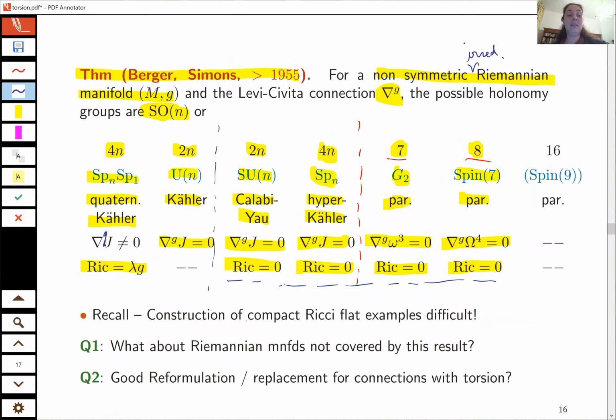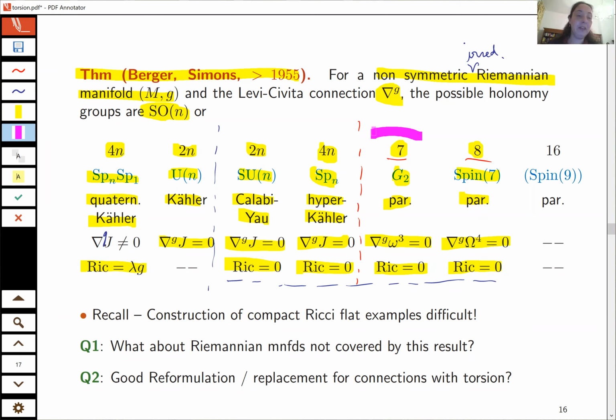And from the point of view of dimension, not looking at families, all of these occur in even dimension, except for the G2 case. This is the only odd dimensional situation, and so it shows already that there must be something very special going on in dimension 7.